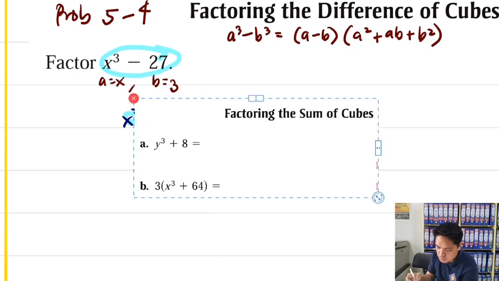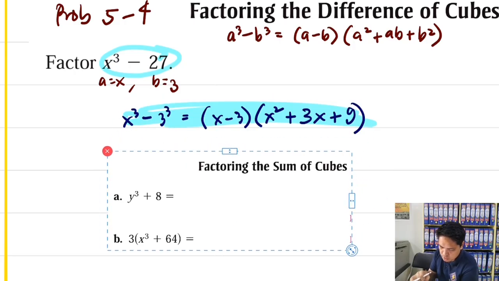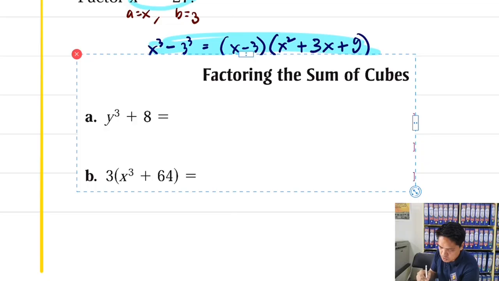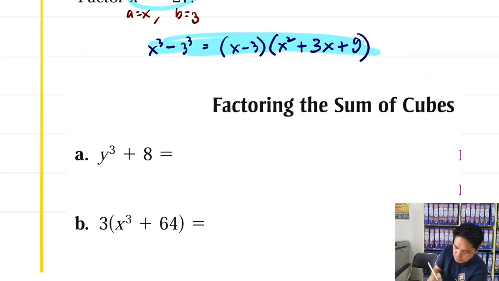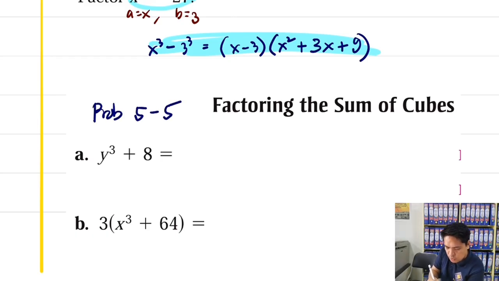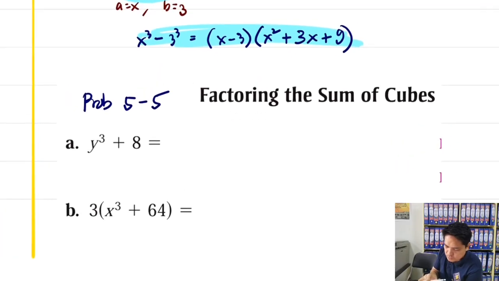Let us continue to problem, this one. How about for the sum of cubes? Factoring the sum of cubes. So for the sum of cubes, let's call this problem 5-5. Okay.